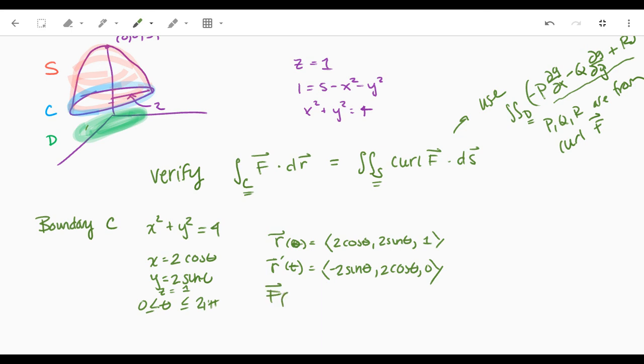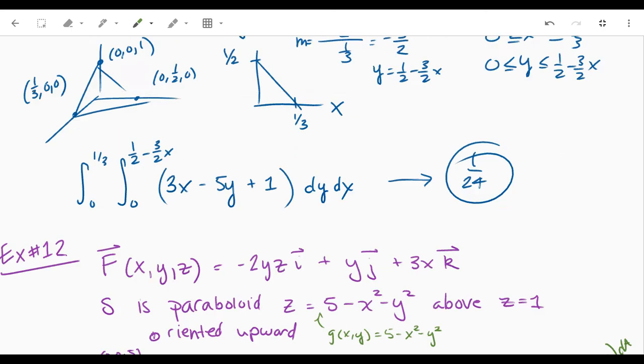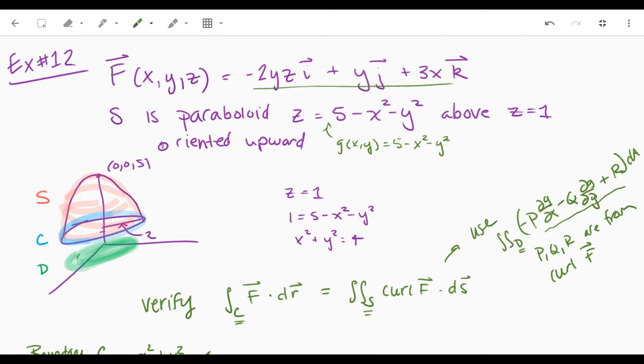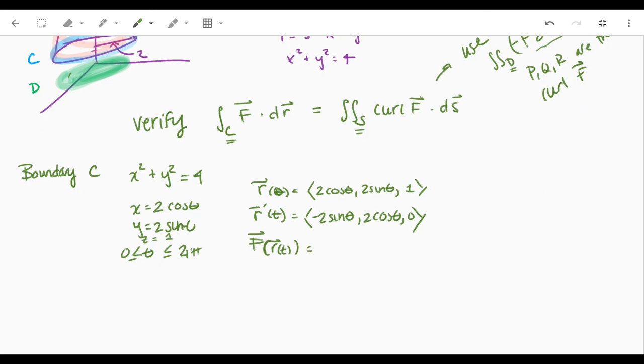And then F of r of t, if you go back up, right, to our equation for F, I got glitchy there. All these guys, I have to plug in my x, my y, and my z, okay? So that would be, it's negative 2yz, so negative 2 times 2 sine theta. Can't switch between theta and t. 2 sine theta, and then z is 1. Okay, and then the j component in F is y, so 2 sine theta.